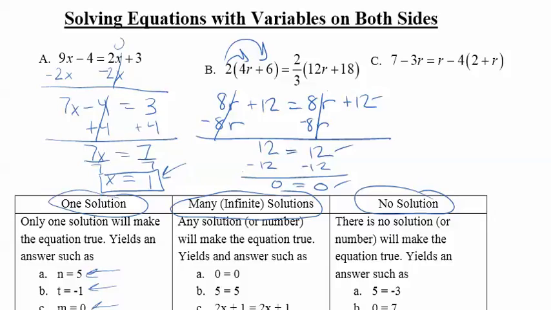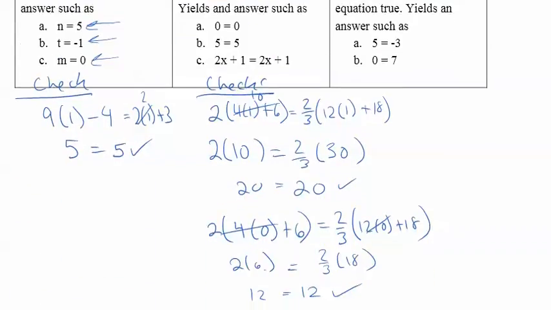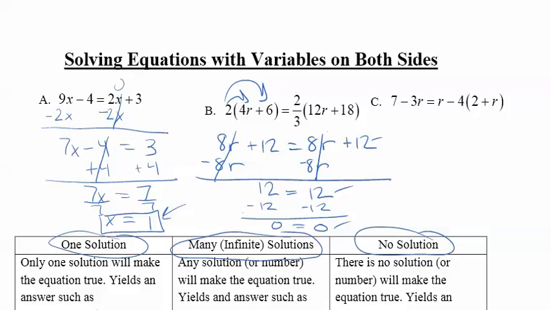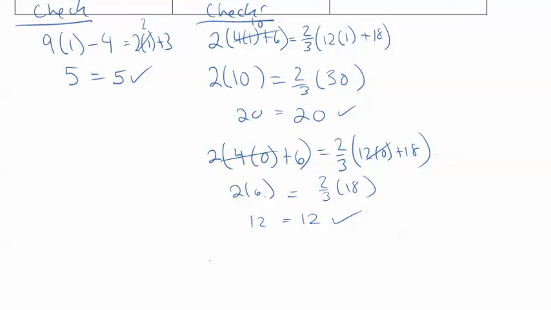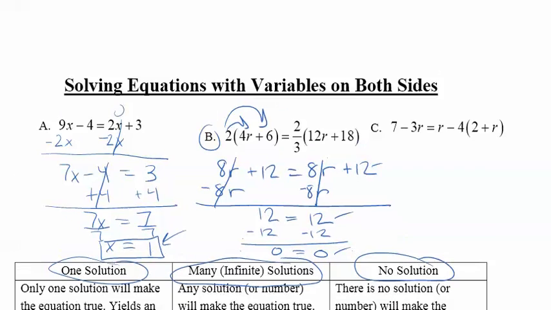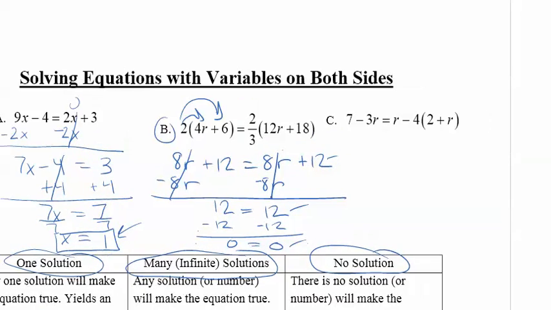So remember that in your checks, you've already found your variable, so you're plugging something in, but when you're trying to solve and you end up with the same thing on both sides, that's different because you still haven't found a variable. But in the case of many solutions, any variable will work. So even if I wanted to try -12, all of those numbers would give me a solution. Okay, any number will give me a solution. Even 1.5, if I plugged it in here, would give me a solution.